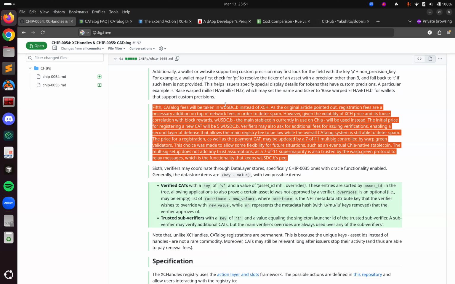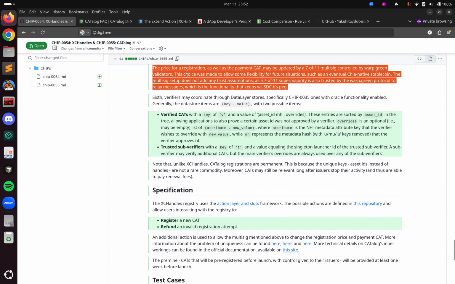I corrected myself from asset ID to asset because the real pattern allows you to have CATs or restricted CATs, or maybe later CATs with a fee. It's called a CAT maker pattern. So it gives you more flexibility over which asset is taken. And of course, you can also decide to take the fee in XCH. Again, the multisig can set that. And there's just flexibility and upgradability for the future.